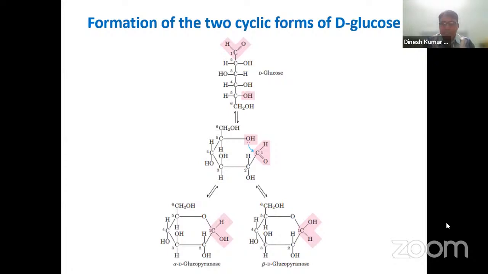Because of this, we have two different forms of glucose. One is the alpha form and the other is the beta form. In the alpha form, the hydroxyl group is present below the perpendicular axis, and in the beta form, it is above the axis. So this is how they differ from each other.